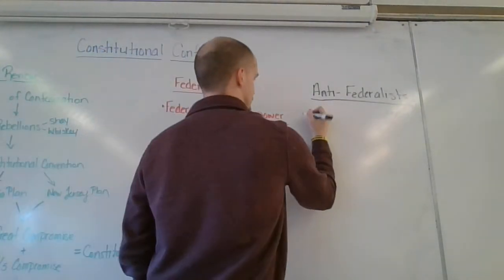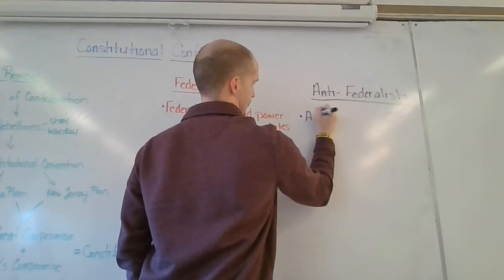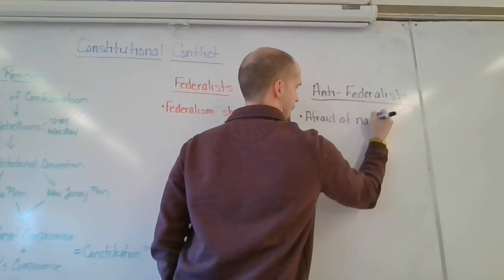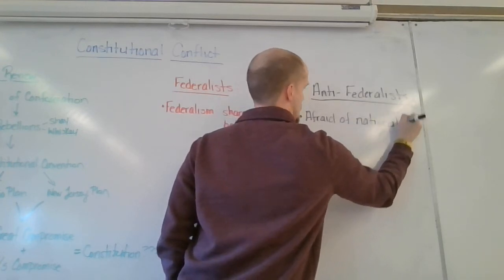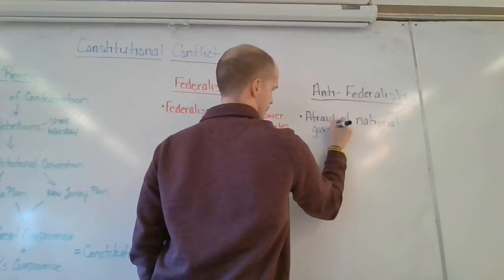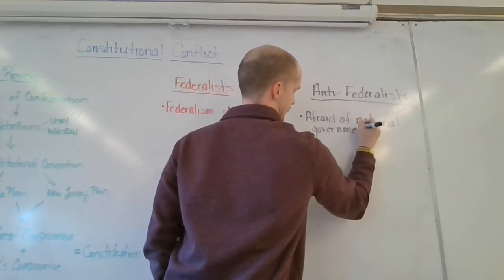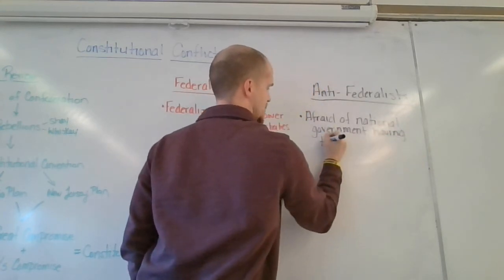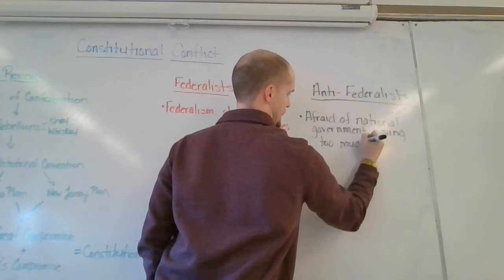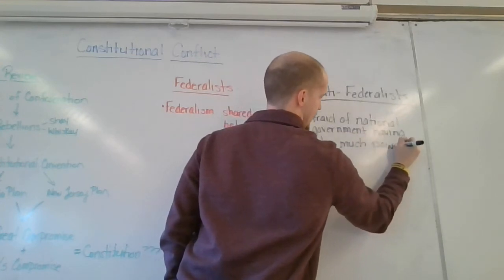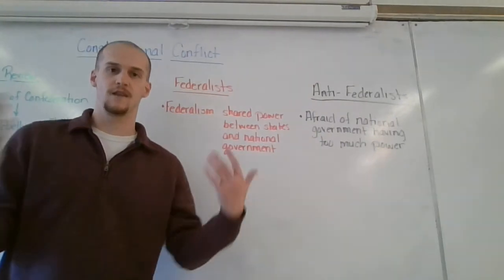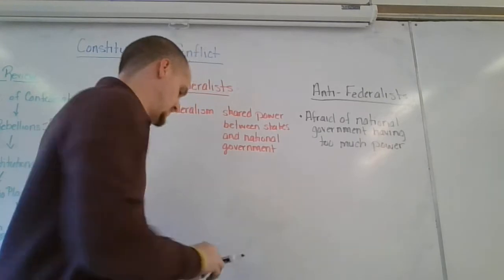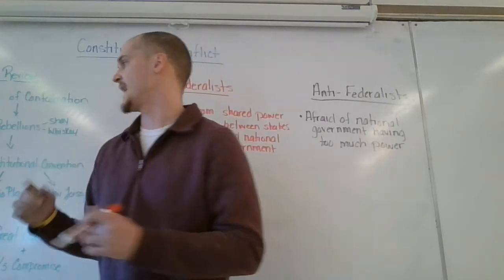They were afraid that the national government would have too much power. And this is all tied to their fear of a president becoming a king. But these weren't the only two disagreements that these sides had.